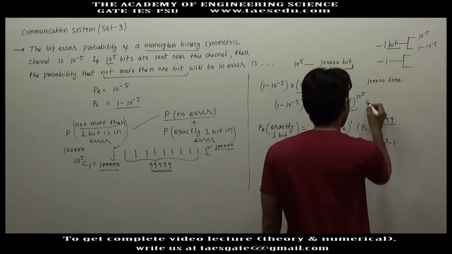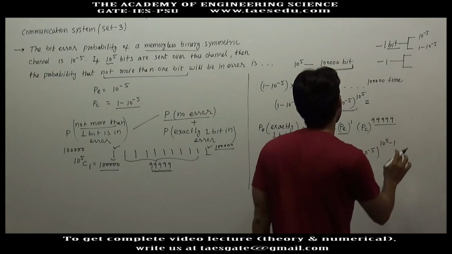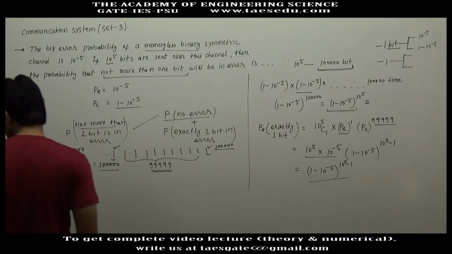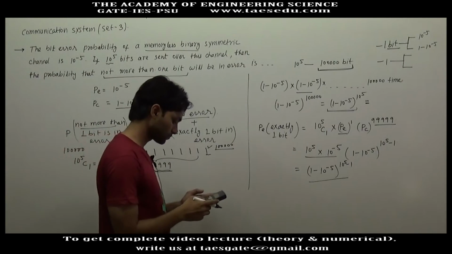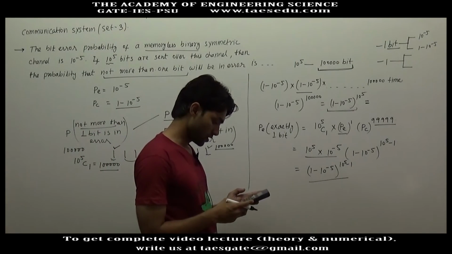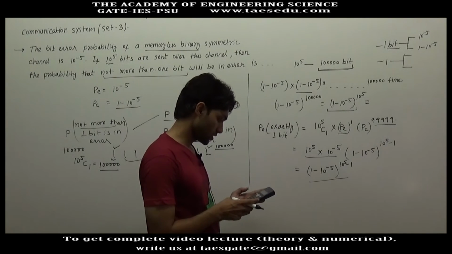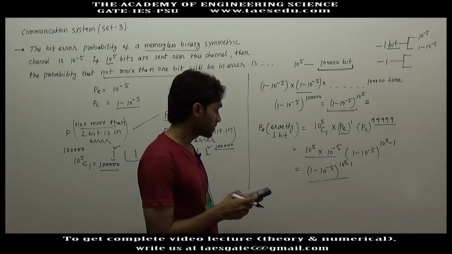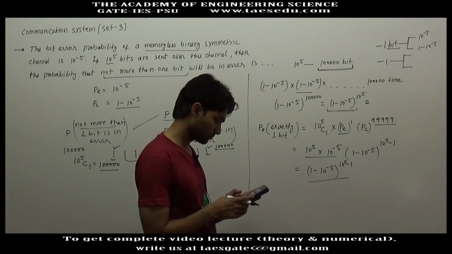So if you find it with the help of calculator, this will be 1 minus 0.0001 to power 1 lakh.